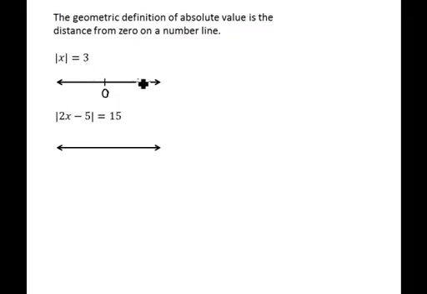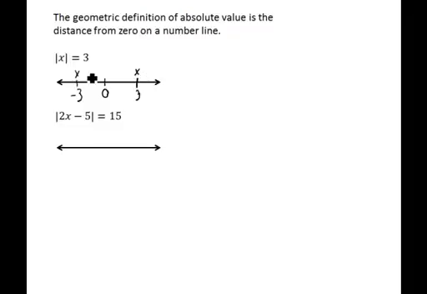One spot would be right here over at 3. That would be a distance of 3 from 0. But there's another spot, right over here at negative 3. So I think of x as being an actual thing, a physical item, and that x could be sitting over here at negative 3 or at positive 3, and the distance between it and 0 would be 3.